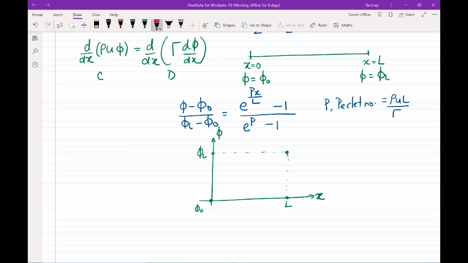We only considered the diffusion equation in the past, and we saw that the solution of such a system is linear, that the temperature was varying linearly from one end to the other end. So if the Peclet number is 0, we know that this problem would have a linear solution.